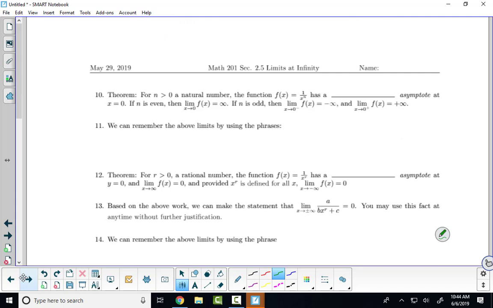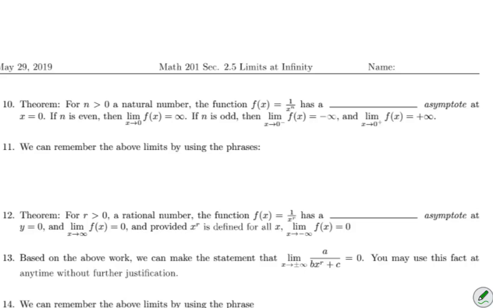All right. So here's some basic facts. Some of these we've already seen. I'm trying to put both the 2.4 and 2.5 facts together on one page, just so you can contrast them. Okay. So let's say I have a natural number and I've got 1 over x raised to a natural number. Then this graph has a vertical asymptote at x equals 0. Do you agree?